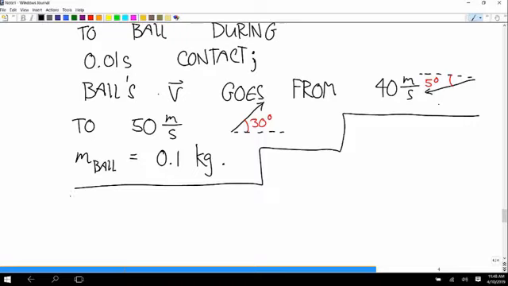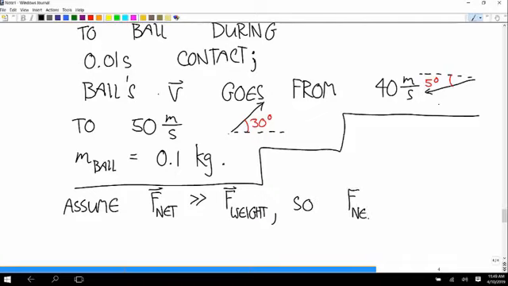Let's just assume that F net is much bigger than the force of the weight on the ball. And so we're going to assume that that net force is pretty much just the contact force. That's a pretty common assumption.